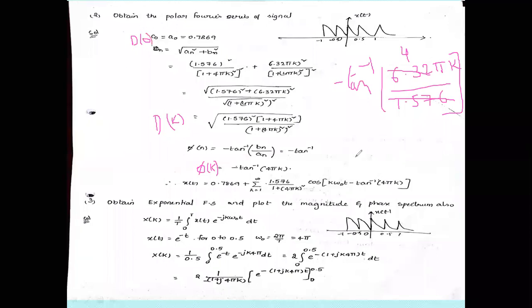Now using these three functions, we write the compact trigonometric Fourier series, or polar Fourier series. What is the polar Fourier series equation?